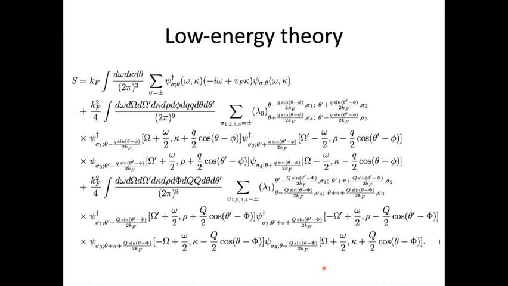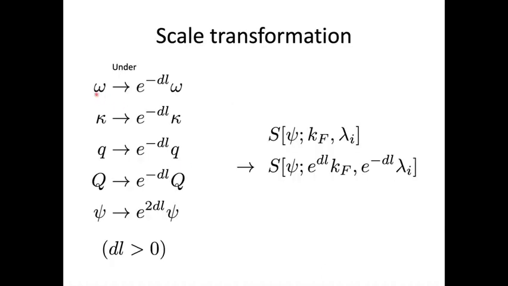And then one can ask, under scale transformation, how does the action transform at the tree level? Okay, so we lower the energy of the electron by some factor of e to the minus dl, where dl is some small positive rescaling factor. And when we do that, we have to lower the radial momentum with respect to the Fermi surface in the same way. Okay.